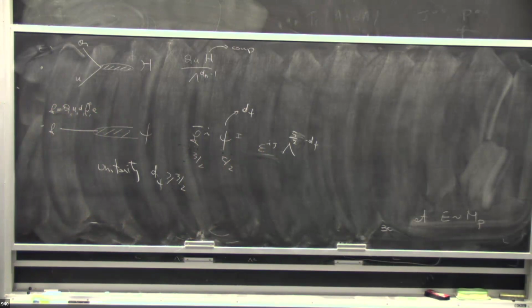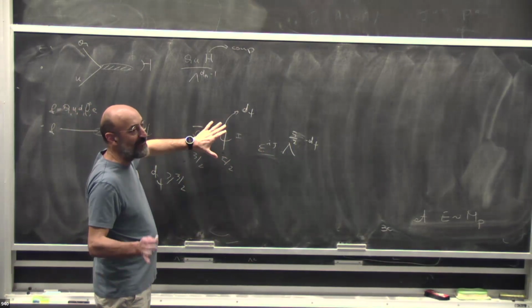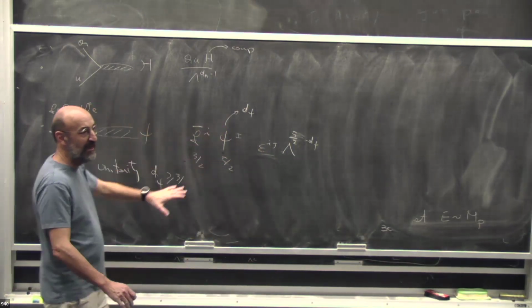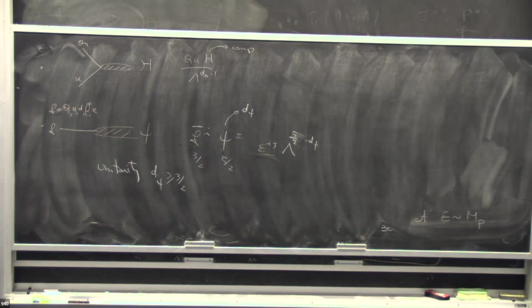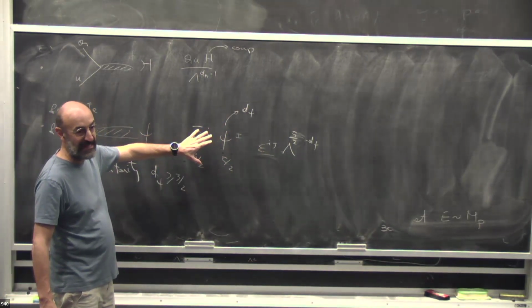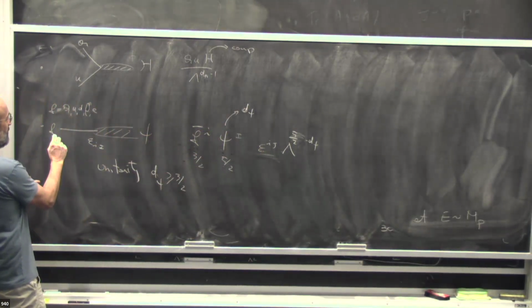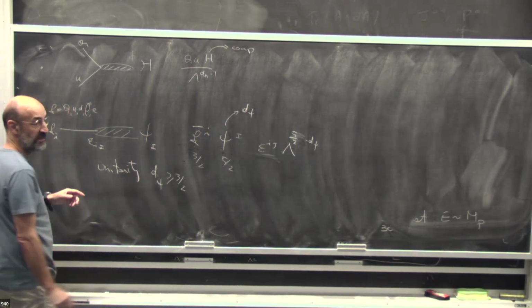So now you have a situation where you separate stuff that eventually you may be able to see from the stuff that you don't see. The only problem is that this guy here is not precisely the standard model Yukawa, it's something else. It's a mixing between elementary fermions and composite operators.